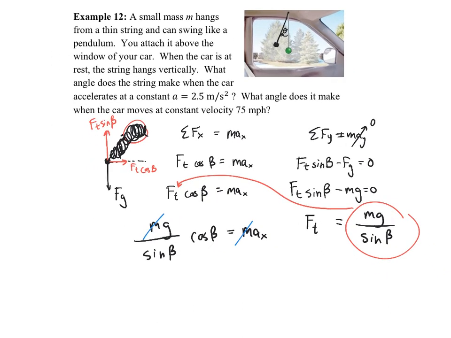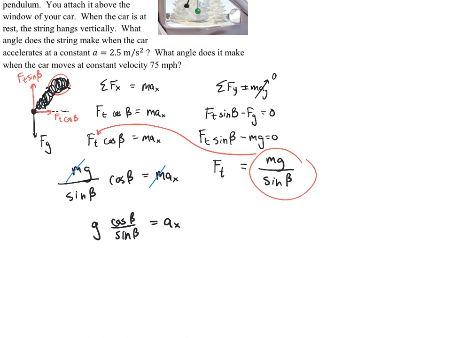We're trying to find the angle itself. So we've got g cos beta over sine beta equals ax. If I want to get beta by itself here, I can move g over by dividing. I get cosine beta over sine beta equals ax over g. Cosine over sine is really cotangent, but that might not be familiar to you, so maybe we're going to invert both sides.